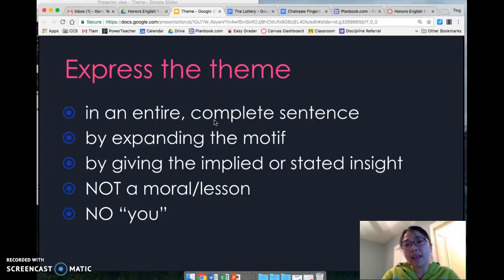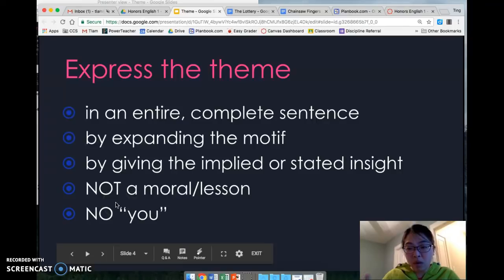They're so complex that authors humbly understand that they do not know the correct way of living. They're not going to tell you how to live your life. Instead, they have observed life in a way that will maybe give you some insight into how you might want to make your own choices as the reader. So again, not a moral or lesson.